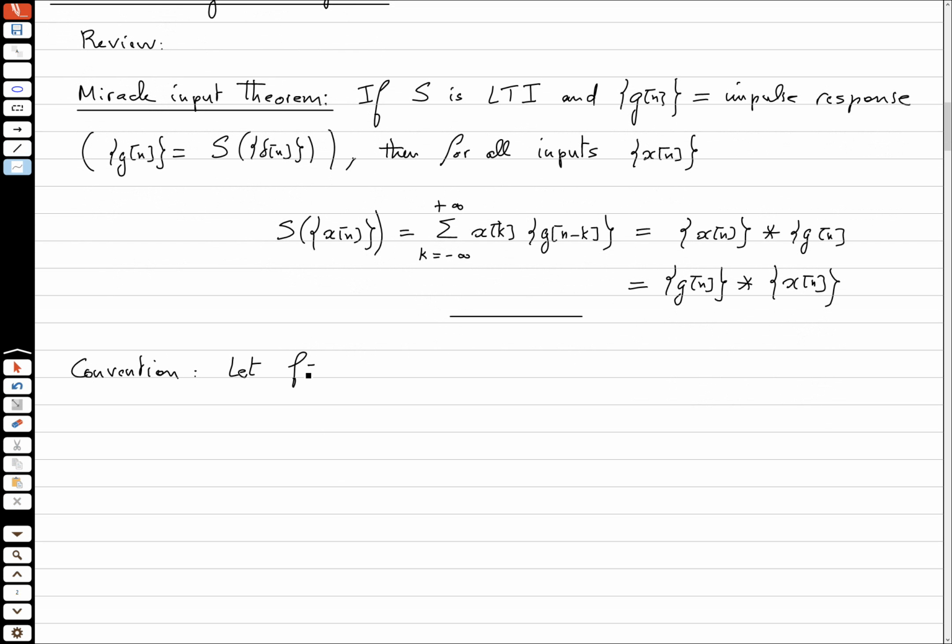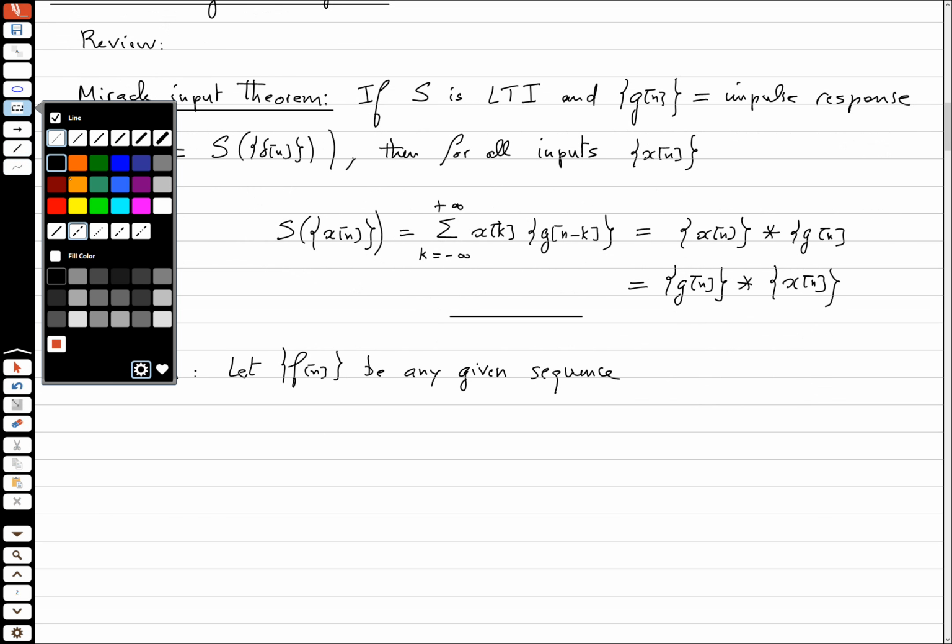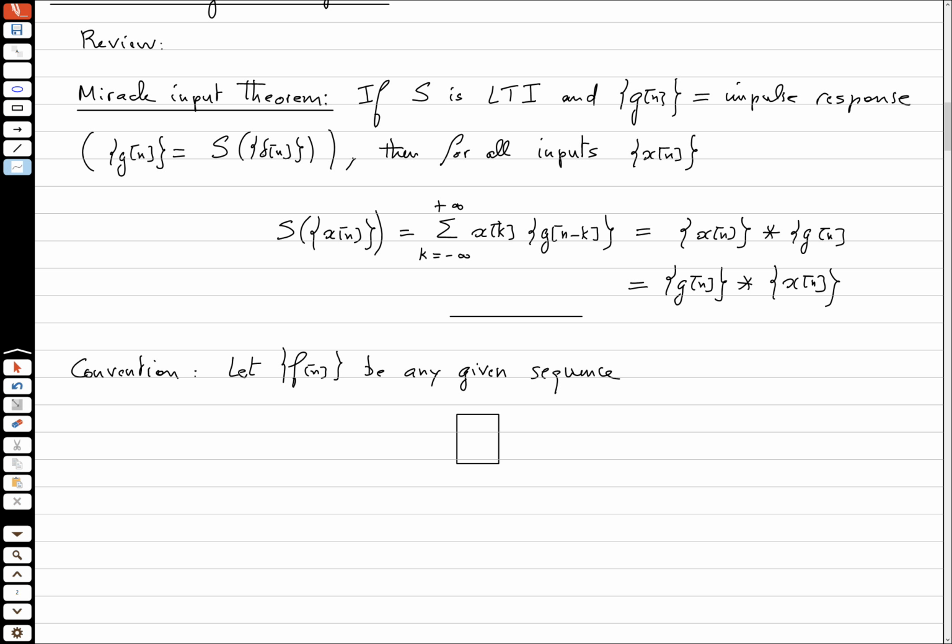Let f of n be any given sequence. Then I'm going to show a system, but what I'm going to write inside is the name of the sequence f of n.